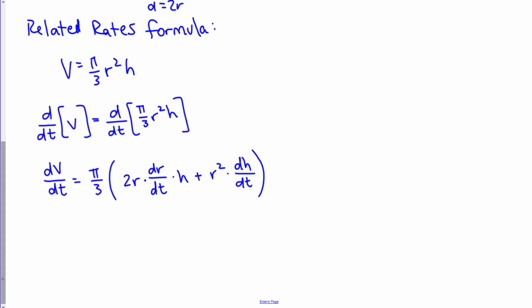Now, what we can do here is potentially clean things up a bit and say this is dv dt equals 2 pi over 3 r, oops, I have an h in there as well, rh dr dt plus pi r squared over 3 times dh dt.